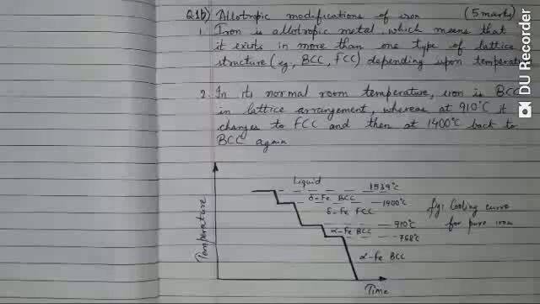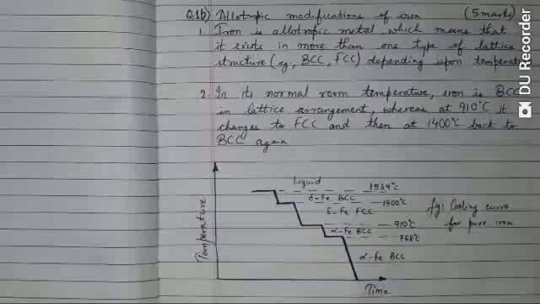At normal room temperature, iron is BCC in lattice arrangement, whereas at 910 degrees Celsius it changes to FCC, and then at 1400 degrees Celsius it comes back to BCC again.